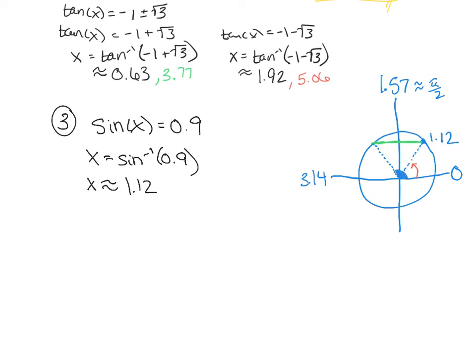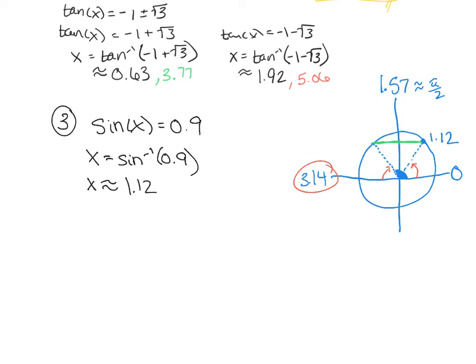Now, honestly, I don't know what that angle is, but I do know what that angle is, because it is the same as our previous answer that we just found. It's the 1.12. But instead of starting at 0 and adding it, we're starting at 3.14 or pi, and we need to subtract it. Remember, we're going clockwise around the unit circle, which means we're going negative.